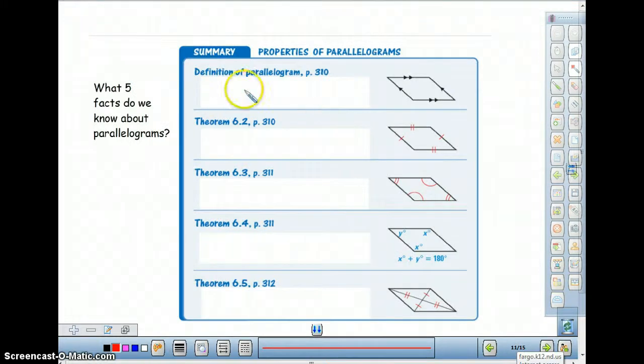Okay, so if we remember all of our facts that go into this, we have to remember that opposite sides are parallel. Okay, and I'm going to use the parallel symbol. Okay, opposite sides are congruent.